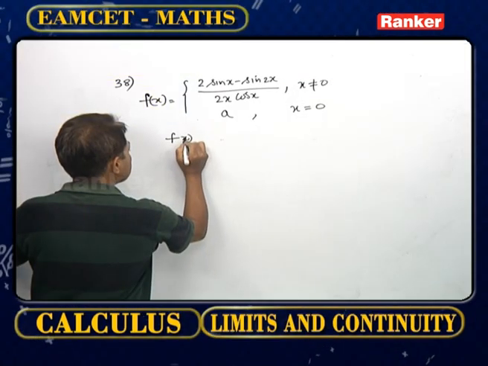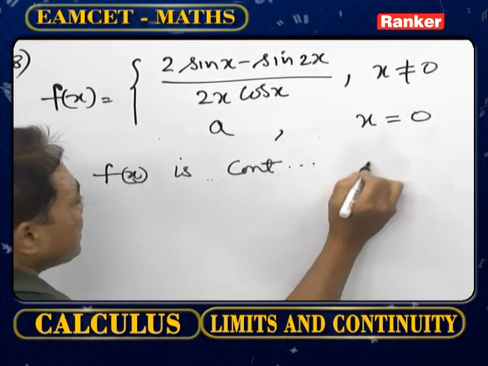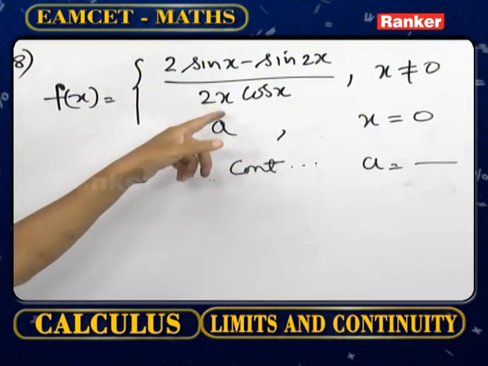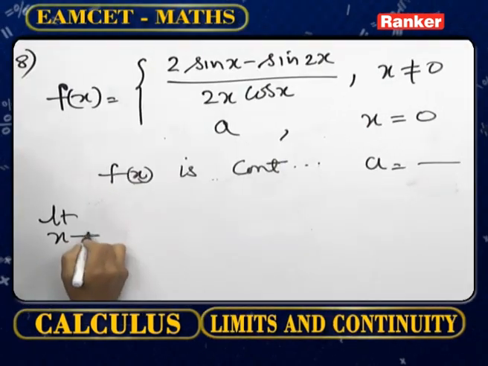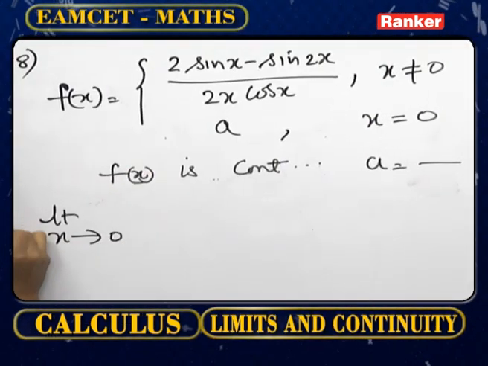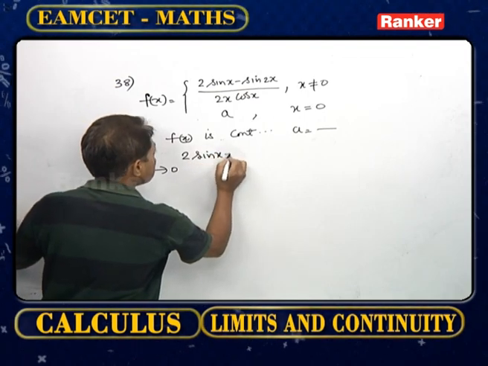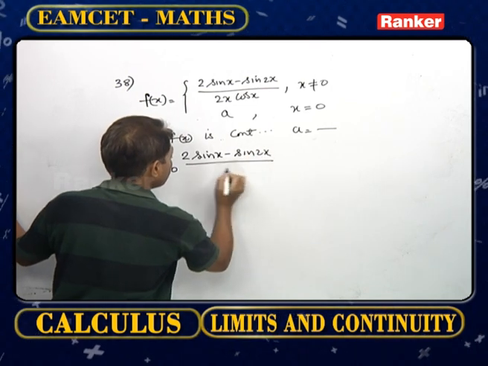If f of x is continuous, then what is the value of a? It is nothing but the previous problem only: find the limit value and make it equal to a. So, let us see what a is. Limit x extending to 0, 2 sin x sin 2x by 2x cos x.